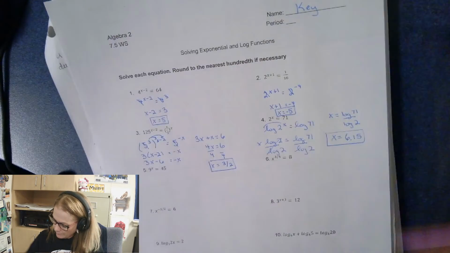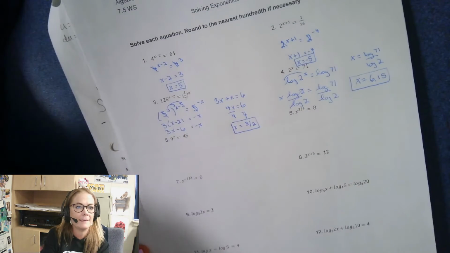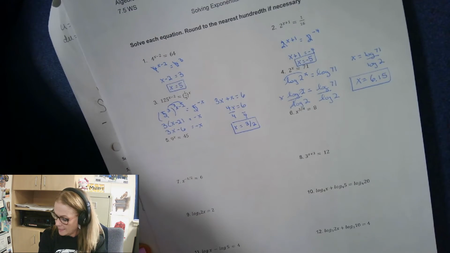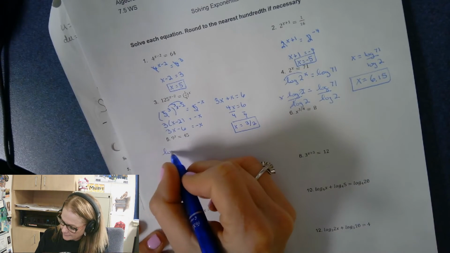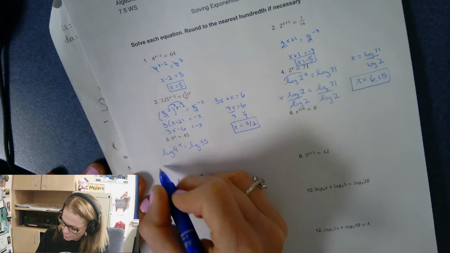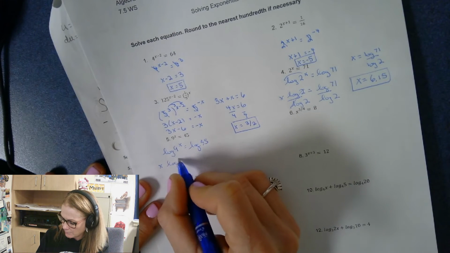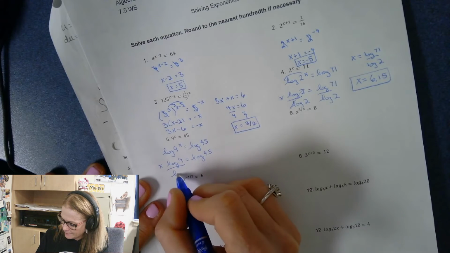Clear. All right, so pause the video, try this next one on your own, and then come back and check with the key. Okay, how'd you guys do? Hopefully you did the log of both sides, which will pull the x down, and divide it by the log of 9.